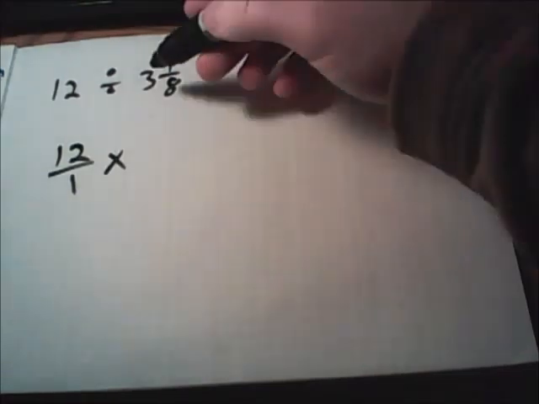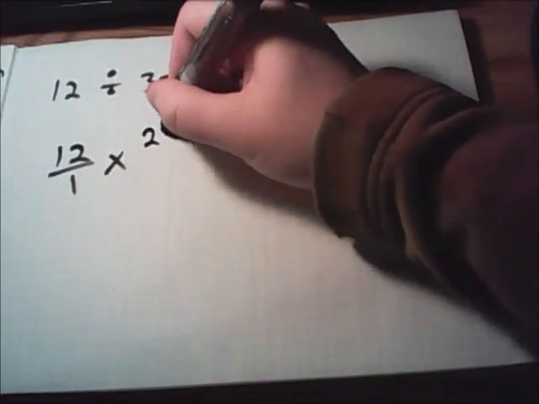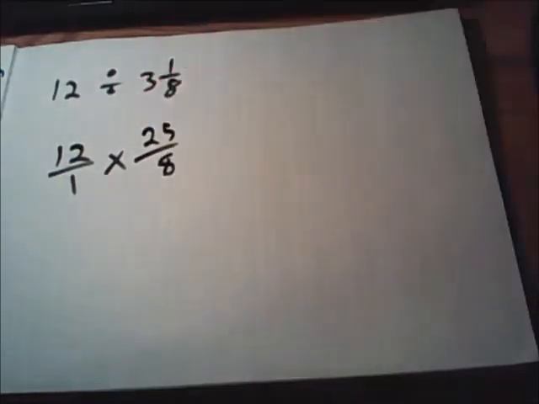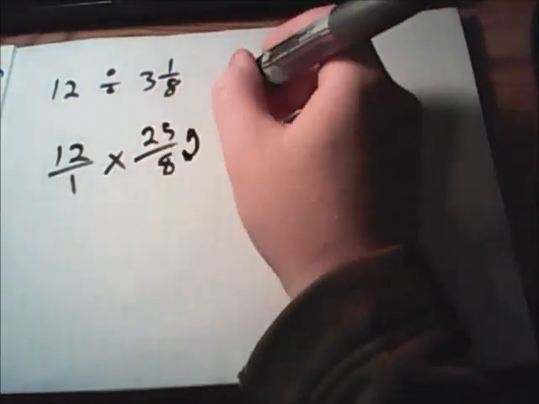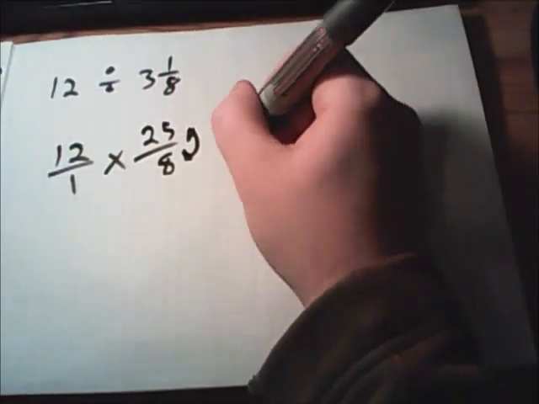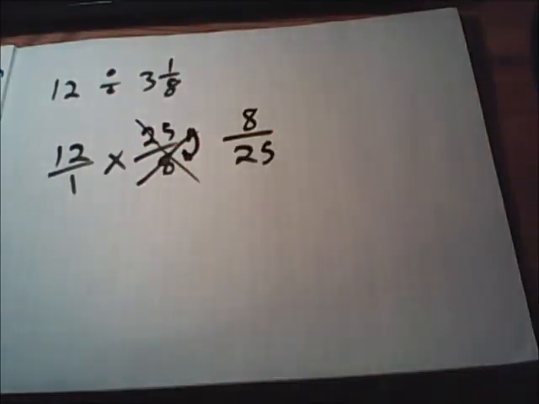And this 3 and 1/8, we'll be changing that from a mixed number to an improper fraction. 3 times 8 is 24, plus that 1 is 25 over 8. But don't forget, you have to flip this fraction so that 8 is on top and 25 is on the bottom. So it's actually 12 over 1 times 8 over 25.